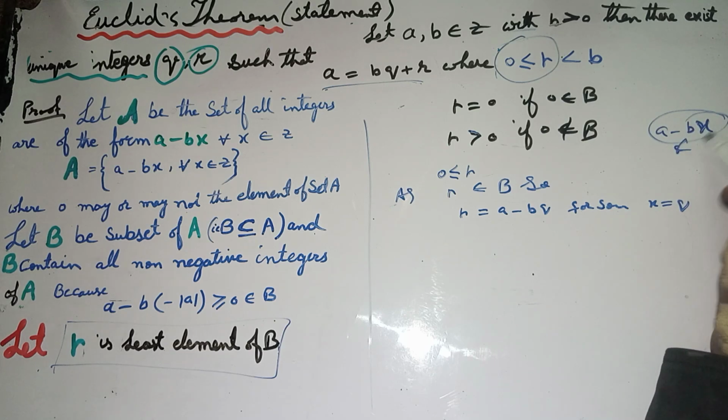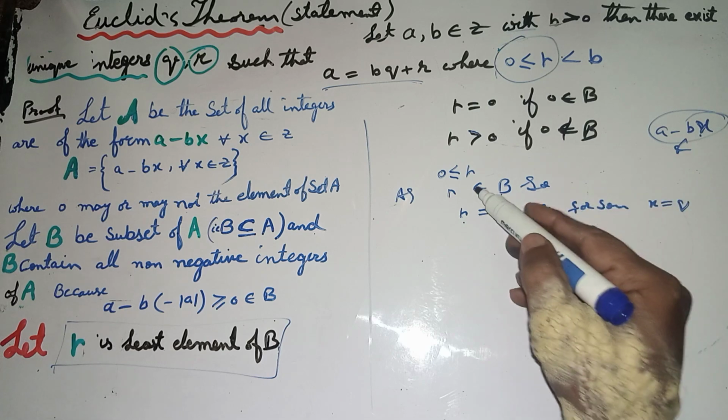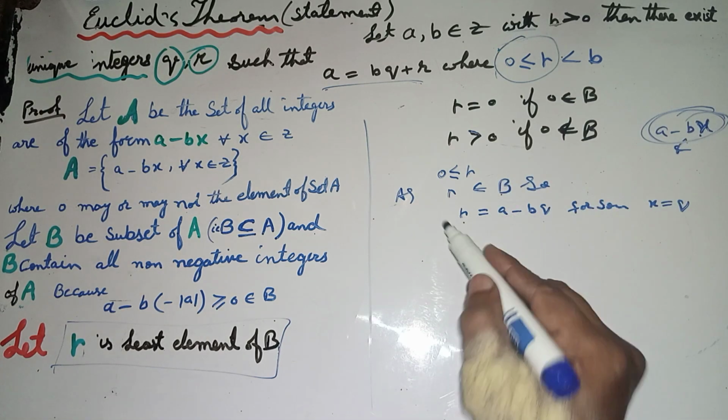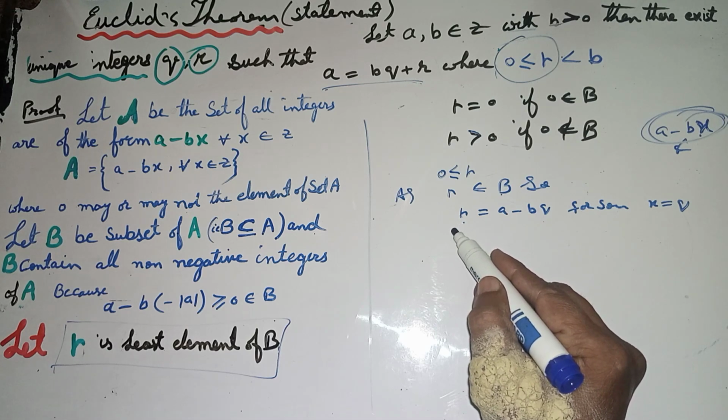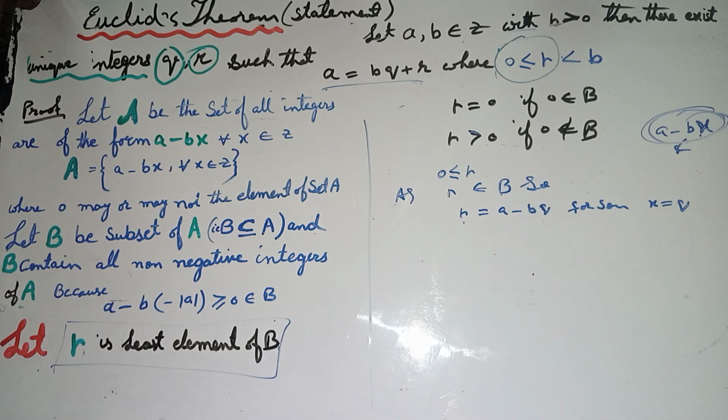So if r is a member of B, it will be of this form, and if r is a particular number, then we have a particular quotient q for that.